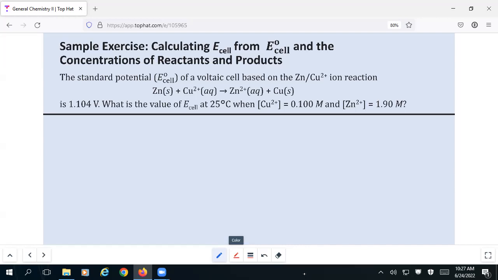The standard potential is 1.104. So we already have the marks here for a start. We can calculate our value of Q. Our value of Q would be the concentration of the zinc, 1.90 molar, divided by the concentration of the copper, which would give us 19.0.